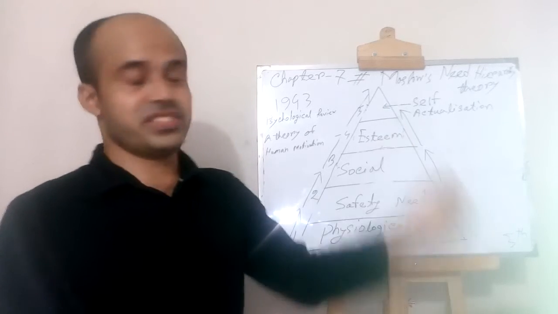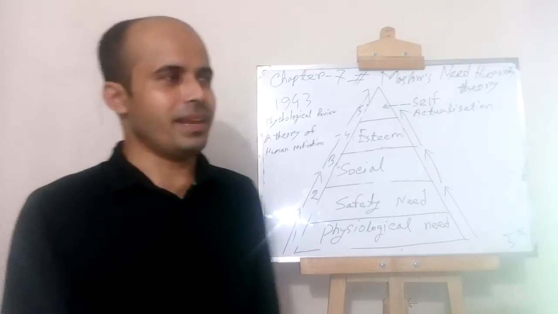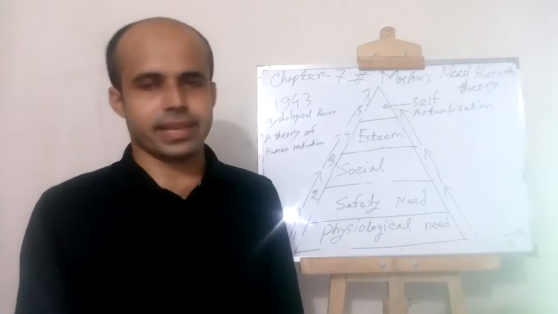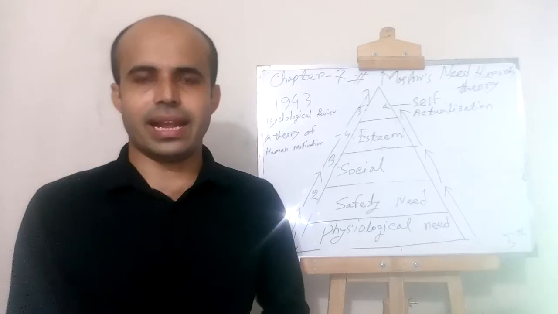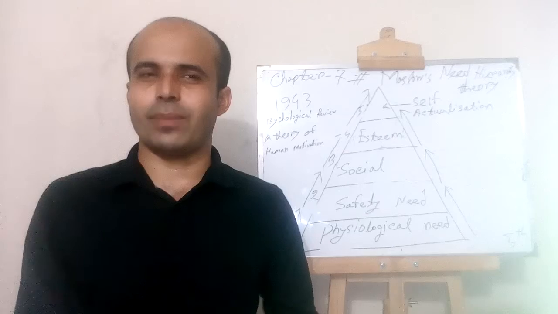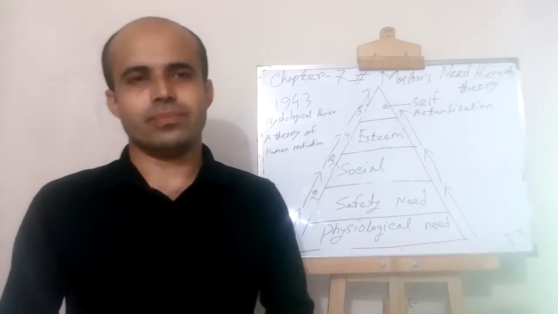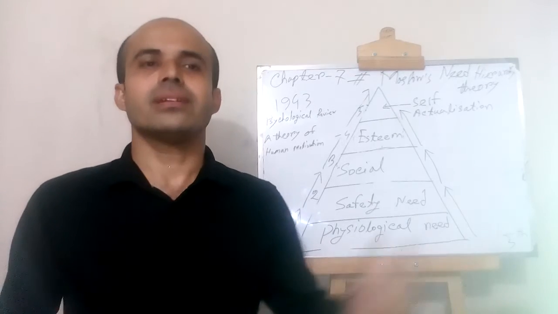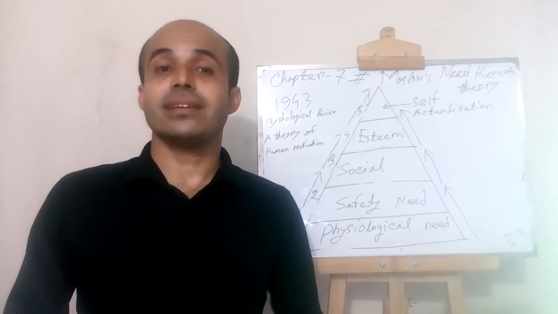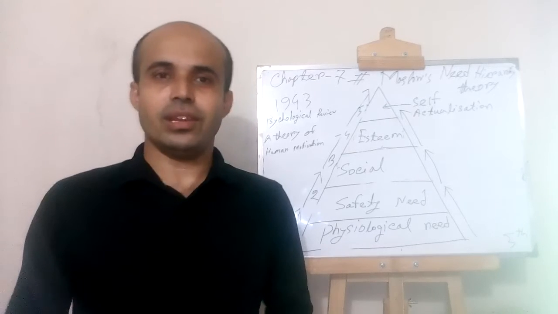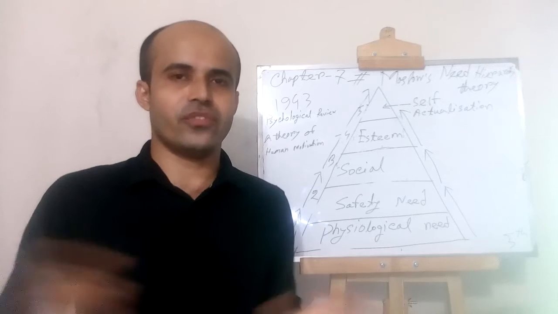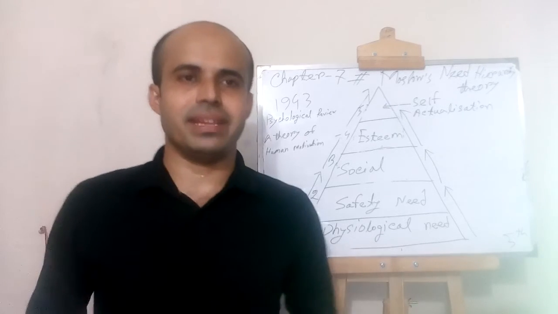If friendship and neighborhood are created, his needs will shift to esteem. At the esteem level, he will think: my neighbor has a bike, another friend has a private car, why don't I have a Pajero, a Maruti Suzuki, a Benz? At the esteem level, everyone tries to make himself different from neighbors, friends and family.